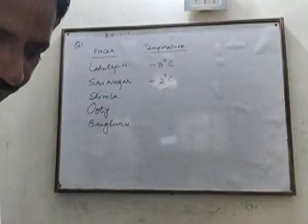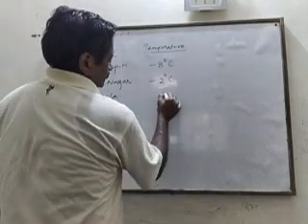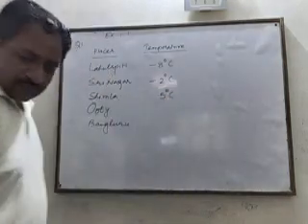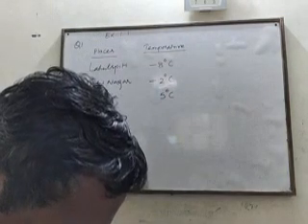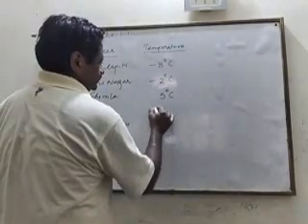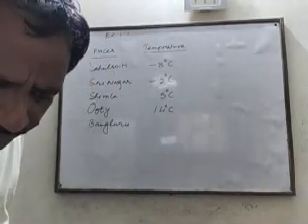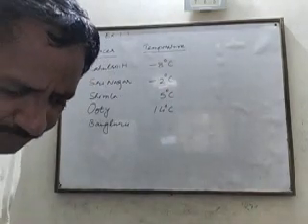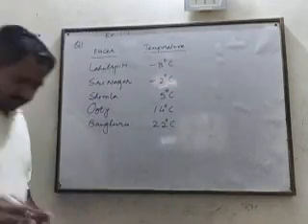Then Shimla 5 degrees Celsius. Ooty, it is 14 degrees Celsius. And then Bengaluru, that is 22 degree Celsius.